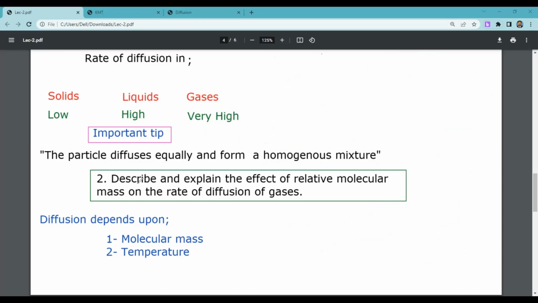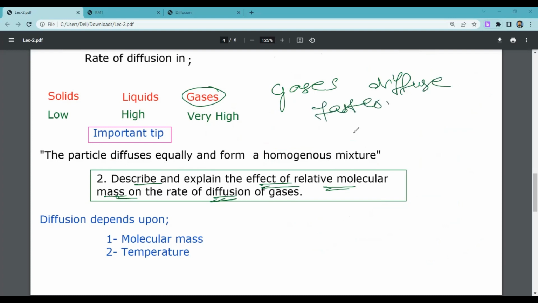The second question asks: describe and explain the effect of relative molecular mass on the rate of diffusion of gases. Gases diffuse faster.